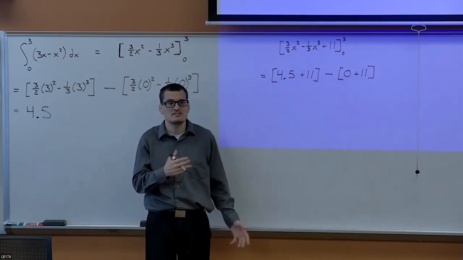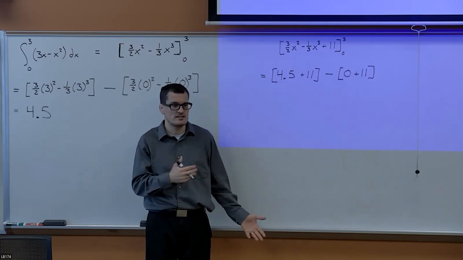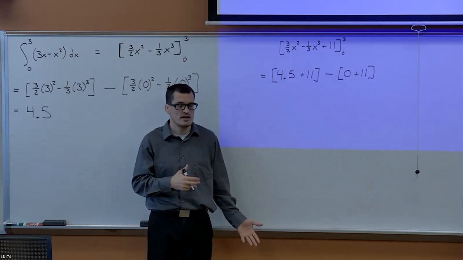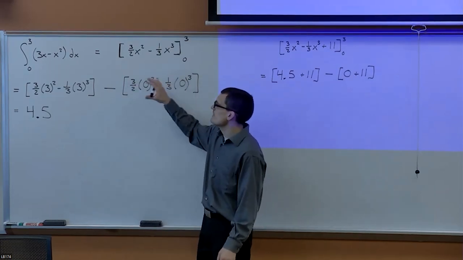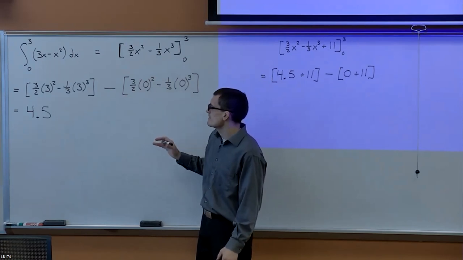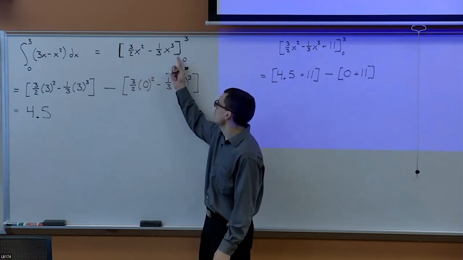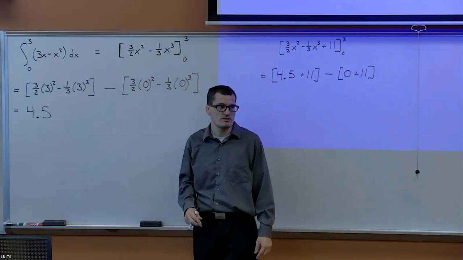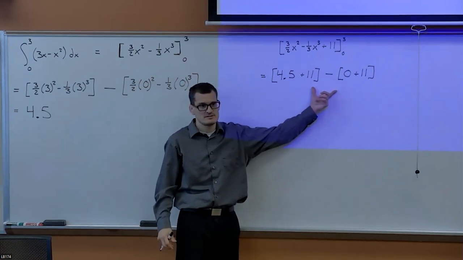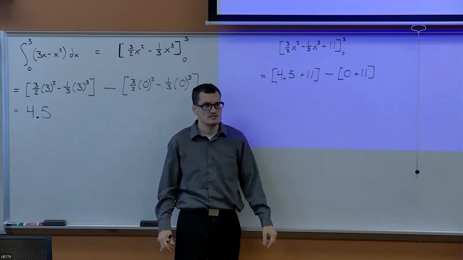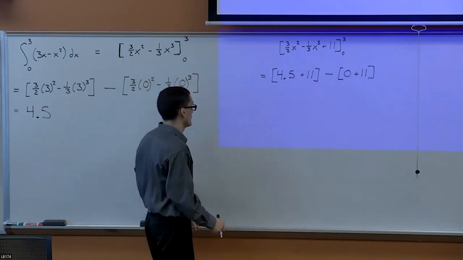And so you can see no matter what constant you use, you're gonna end up at 4.5 as your final answer, right? So most of the time, when we're doing fundamental theorem of calculus stuff, we assume the constant is 0, just because it's less cumbersome than doing a plus 11, because you're gonna get 4.5 either way.